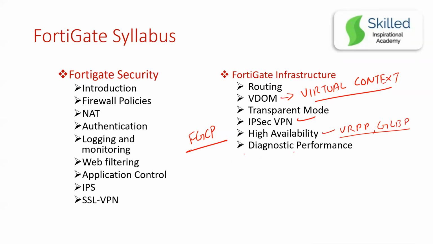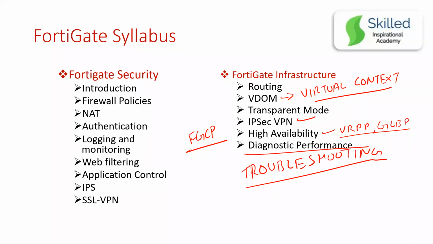Diagnostic performance is mostly about troubleshooting. When it comes to troubleshooting, what commands do you use, how do you use them, and what approach should you take? I always talk from my own experience of 12 years about how you would approach and troubleshoot any kind of issue in the network.